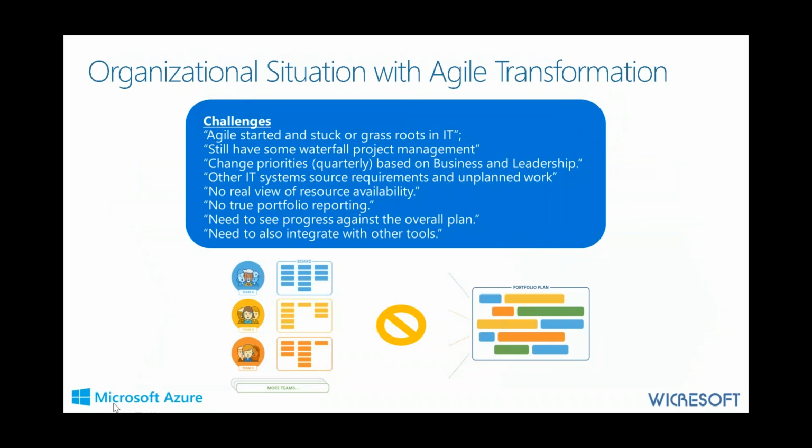So I want to start by framing what we're hearing from customers, what the organizational situation is right now in terms of agile transformation, and these are actual statements that we're getting from customers.